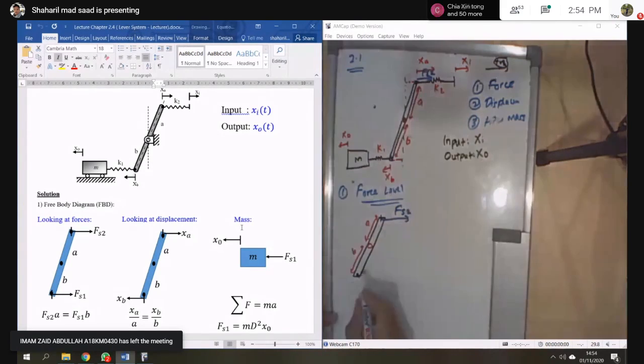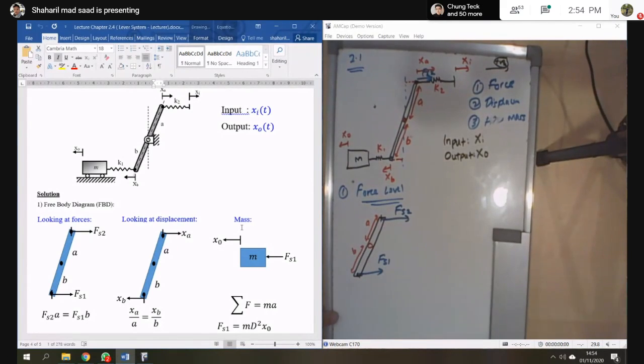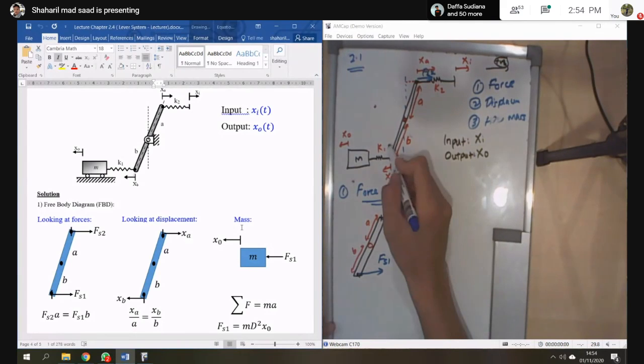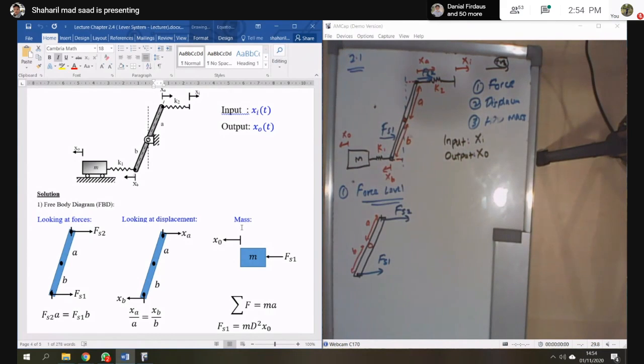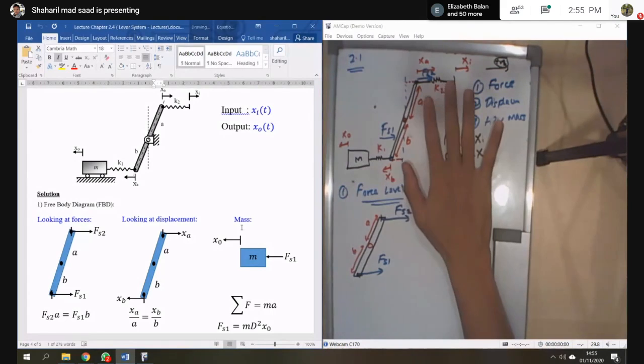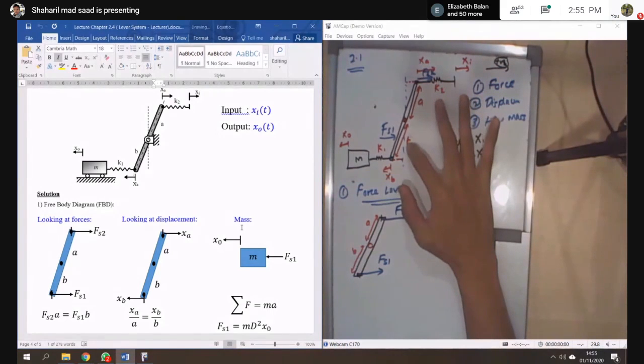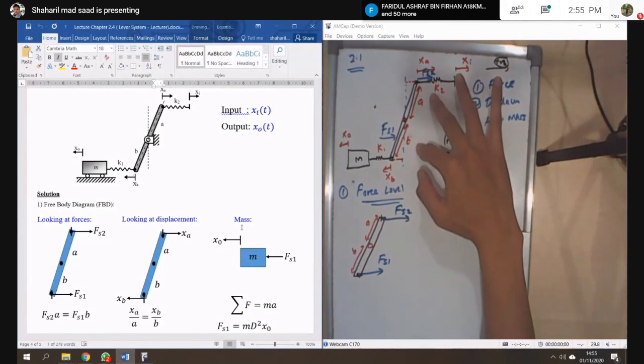That means you will get the force from here, Fs1. So the force from the spring tries to fight back, Fs1. Is it clear? Okay.